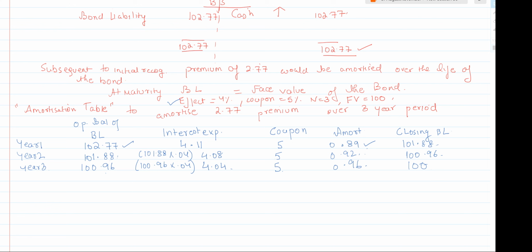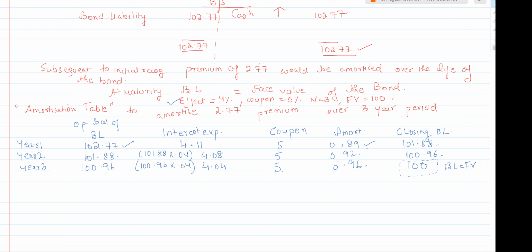Guys, we can see that the premium of $2.77 was amortized over the 3-year period in such a way that at the end of the third year, or by maturity, bond liability equals the face value of the bond.